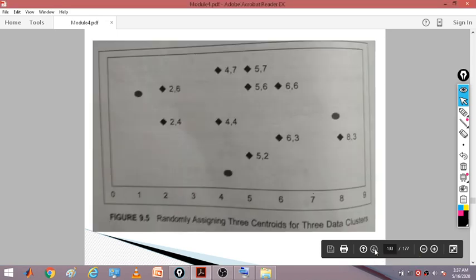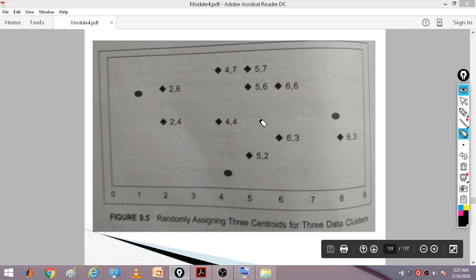We start with k clusters, and then come down again to the clear clusters. For k clusters, suppose we are thinking of 3 clusters, we need to find 3 centroid points, which we have picked randomly. Here is one centroid point, here is another, and here you can see another centroid point.